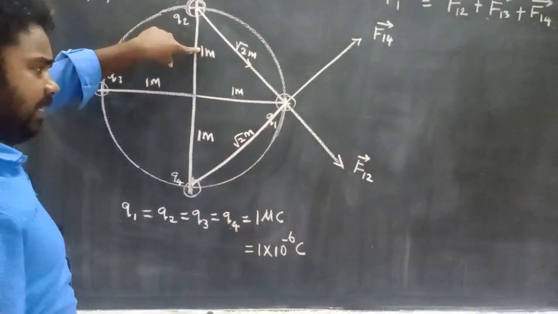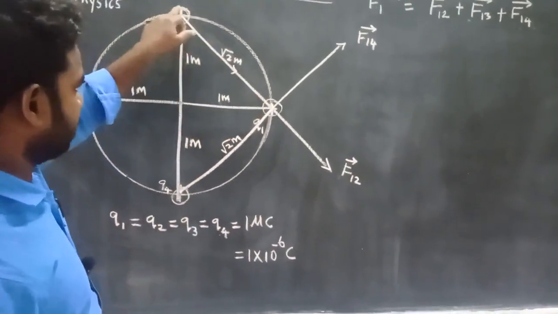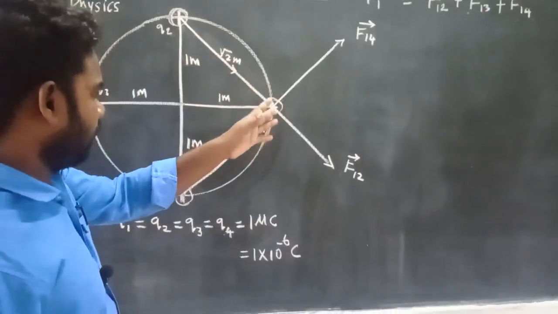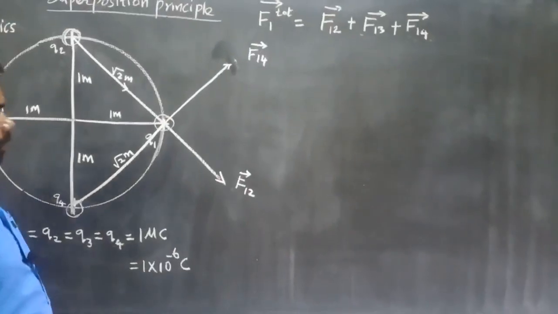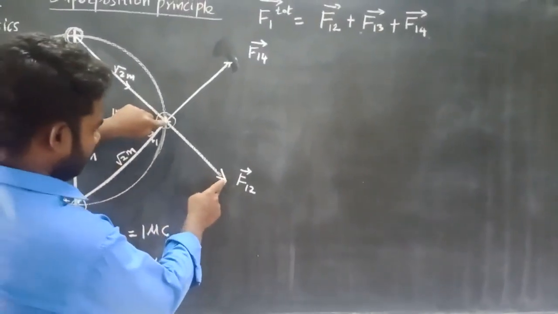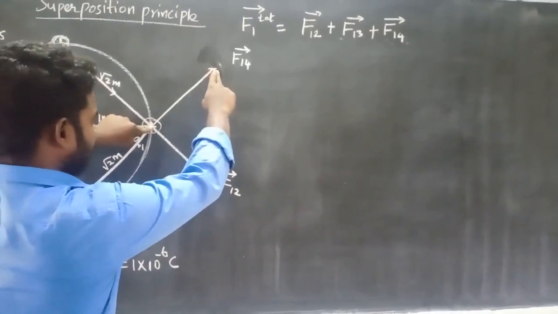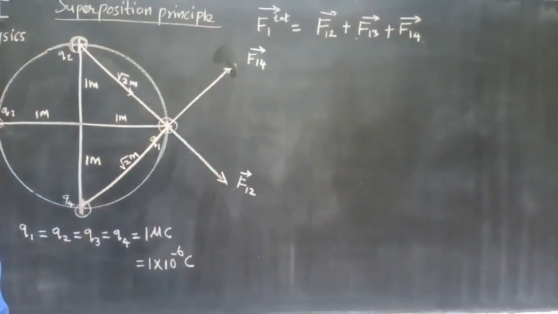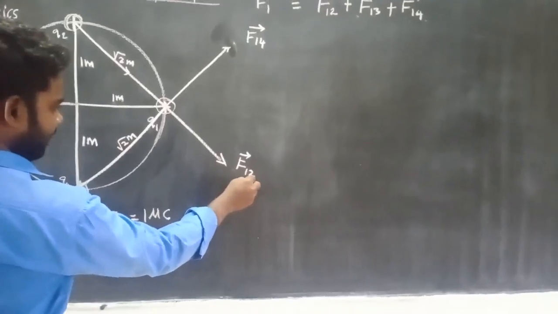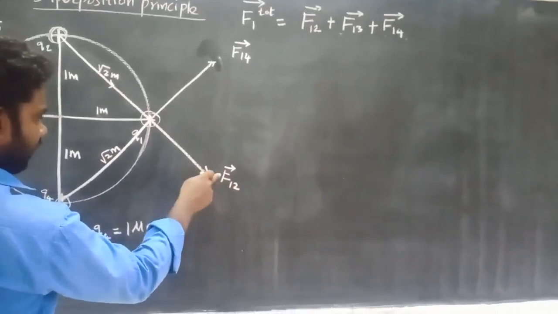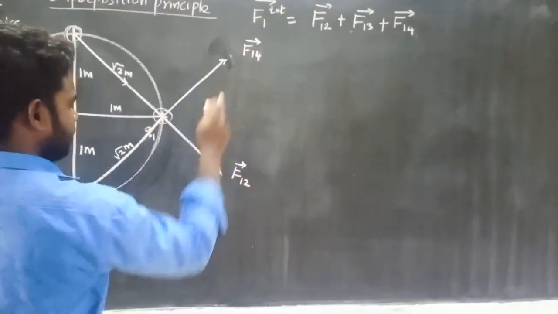So we can say easily the distance between the 2 charges Q1 and Q2 is equal to that between Q1 and Q4. The length of the F12 vector is equal to the F14 vector, which means the force due to the second charge on the first charge is equal to the force on the first charge due to the fourth charge.